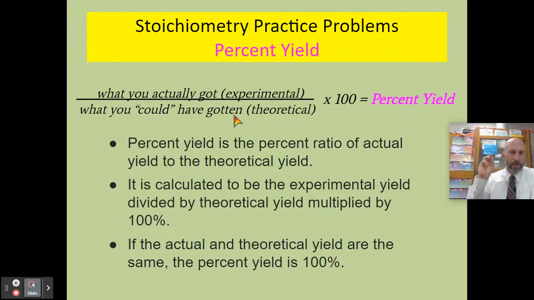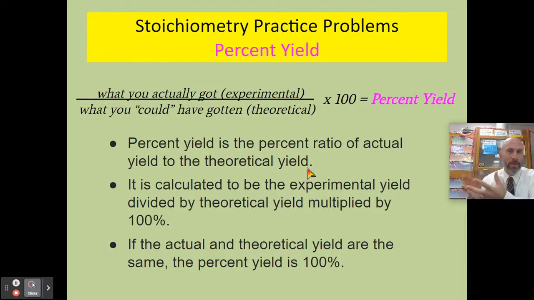So all you're doing is taking your experimental value, what you actually got, and then you divide it by the theoretical value, what you should have gotten, and then you get a percent, right? So it's just the ratio of actual yield to the theoretical yield, and then we multiply by 100. So if your actual yield is equal to your theoretical yield, that means your percent yield is 100%.